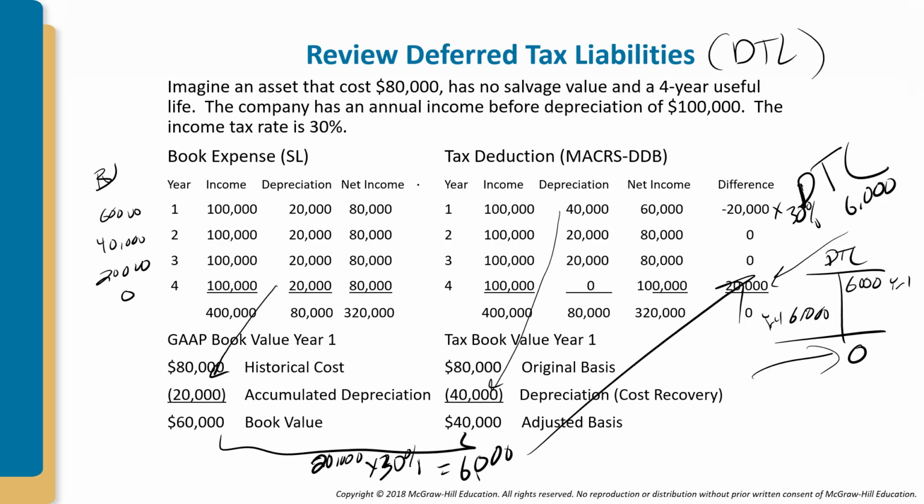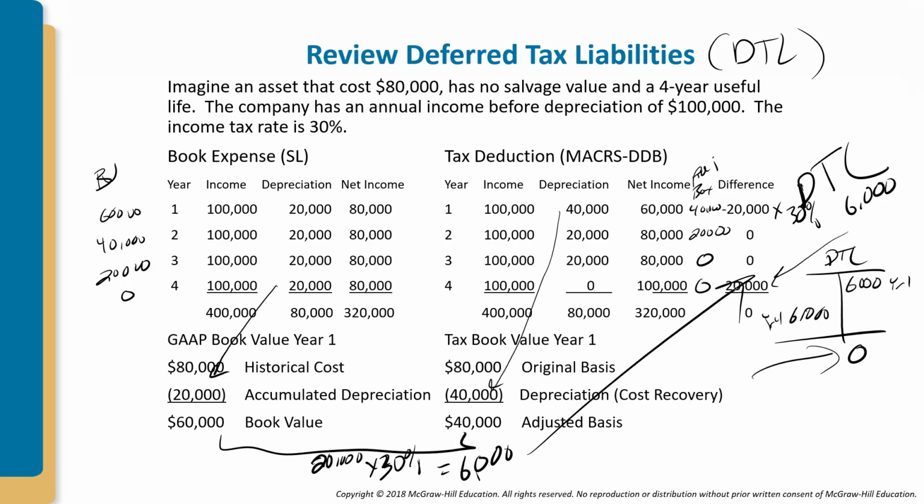And then over here for tax, our adjusted basis, our tax book value is going to be 80 minus 40, which is $40,000, and then minus another 20 is $20,000, and then minus another 20 at the end of year 3 is 0, and then at the end of year 4 it's 0.